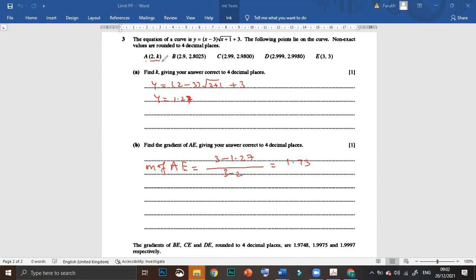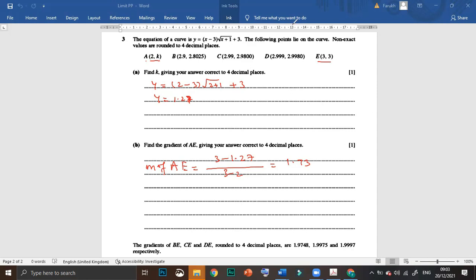Now look at all the points. Point 3, 3 is the fixed one. The point A has x coordinate 2, B has 2.9, C has 2.99, D has 2.9999. We are moving closer to the point E from left towards right.